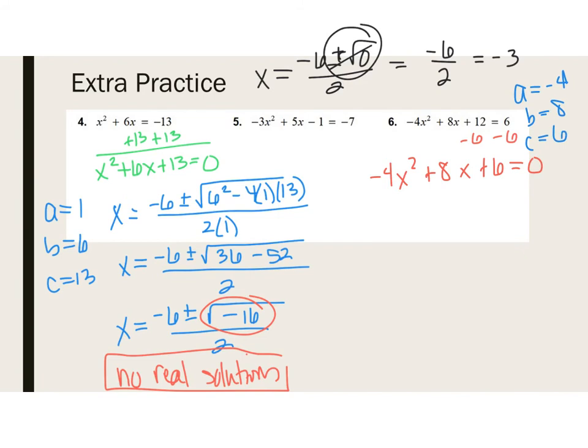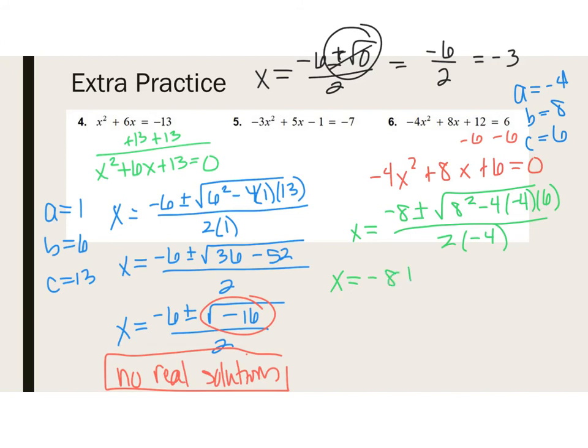So if we plug those in, you're going to have x equals negative b plus or minus the square root of b squared minus 4 times a times c all over 2 times a. Okay, so then if I start simplifying, negative 8 plus or minus the square root of 64.